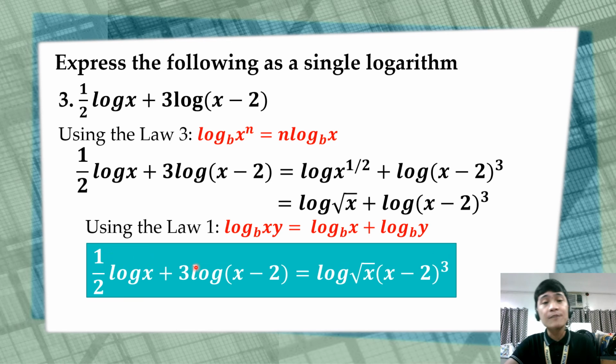In that case, 1 half logarithm of x plus 3 logarithm of x minus 2 is now equal to logarithm of square root of x quantity x minus 2 raised to the third power. So those are, from the first example up to this current example, the examples in expressing logarithms from the single form to expanded form or vice versa.